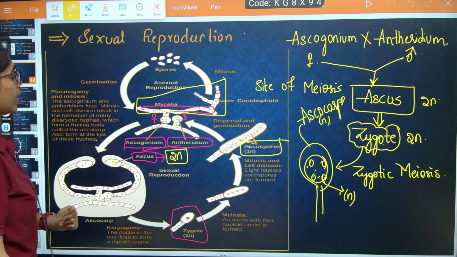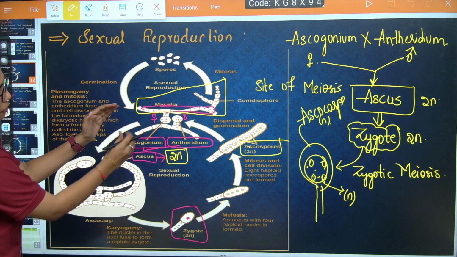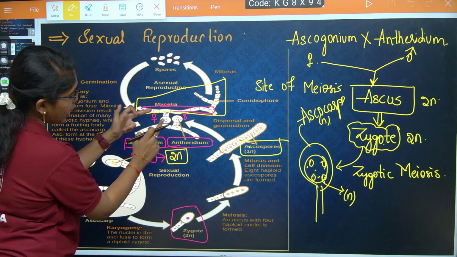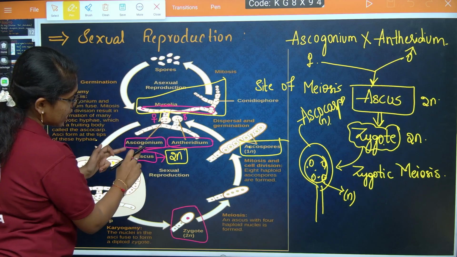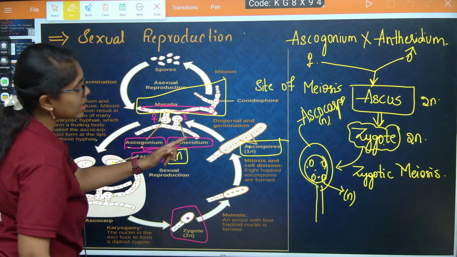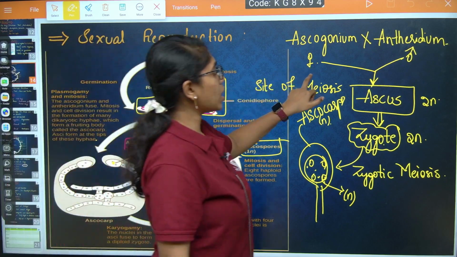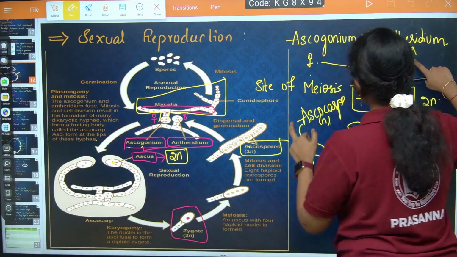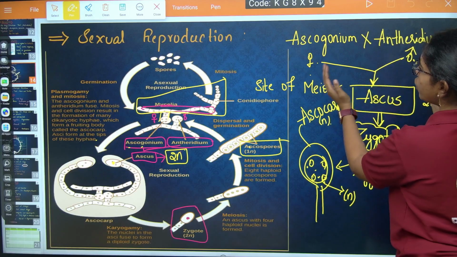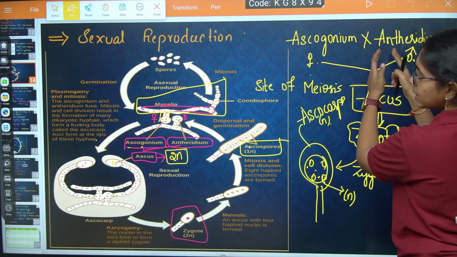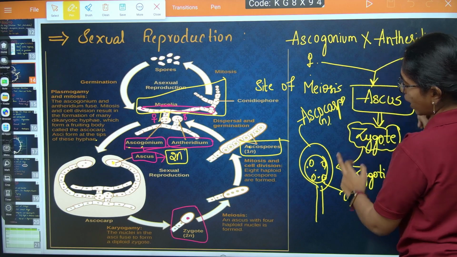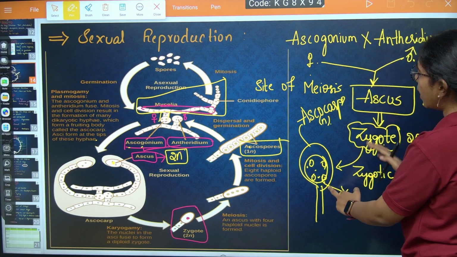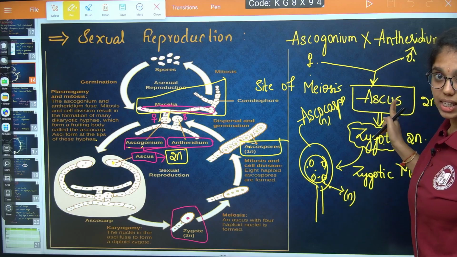Once again, quickly remember, the mycelium has a female fruiting body, that is the ascogonium, and a male, that is the antheridium. This is releasing the female gamete and this is releasing the male gamete, and all this is happening inside the ascocarp, that is haploid. Inside which the ascus is there.